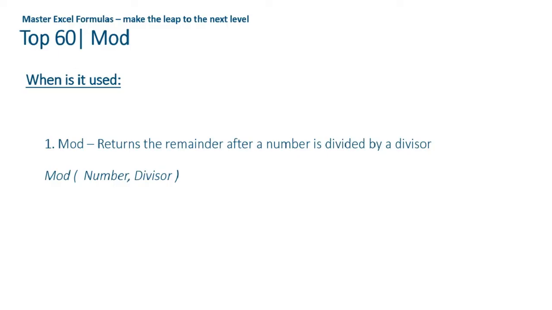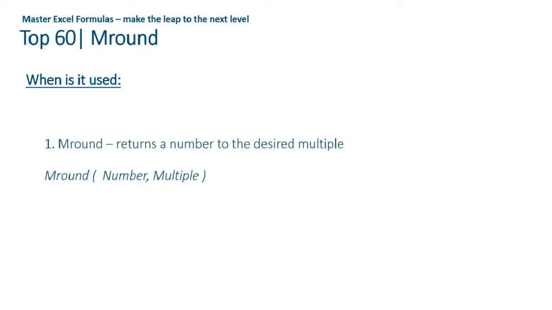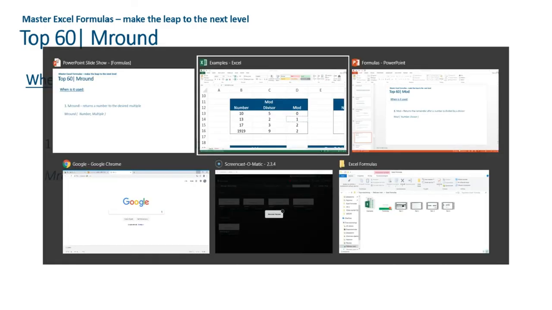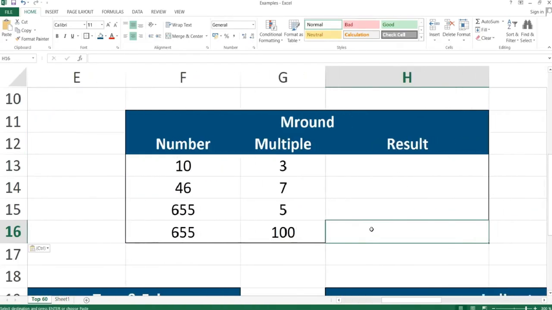Back to the presentation, the next formula is MROUND. This is a pretty good formula and I really like it, and you will see why. But first of all, what the formula does is it returns a number rounded to the desired multiple. It might sound a little bit confusing at the moment, but you will see what I mean when I give you the example here.